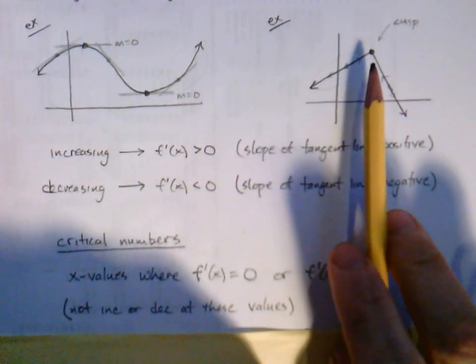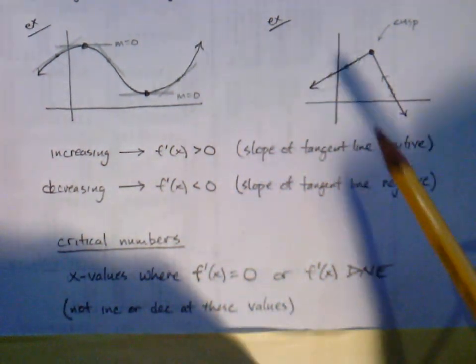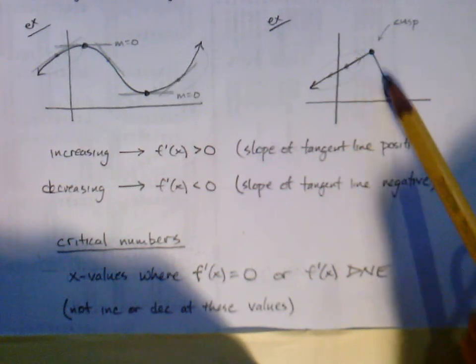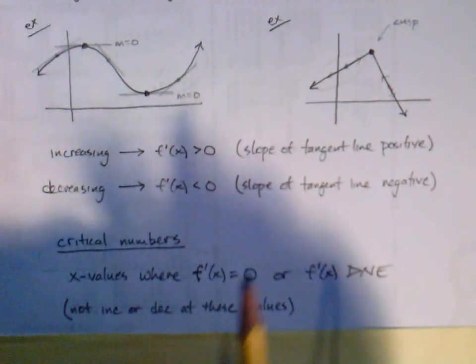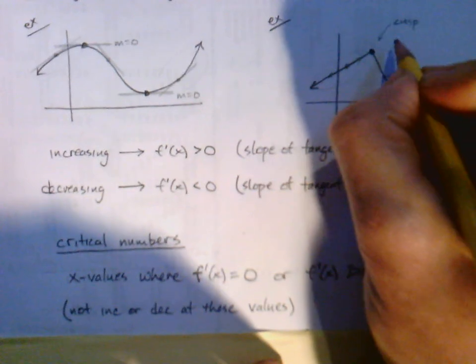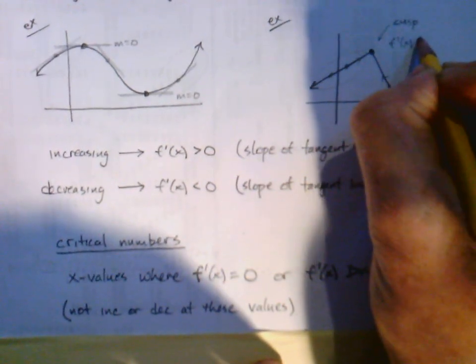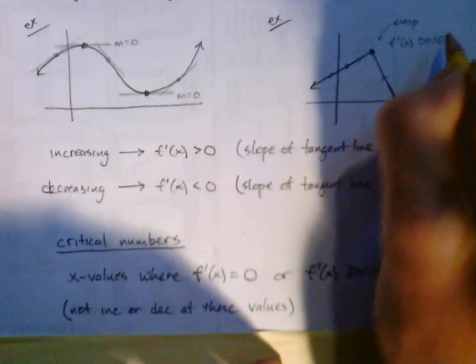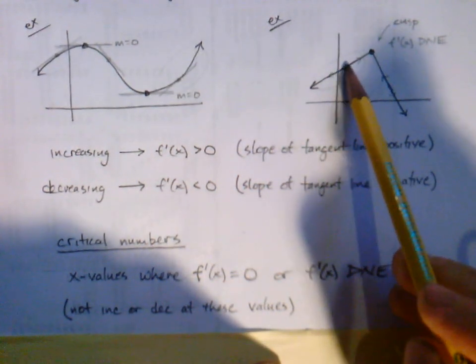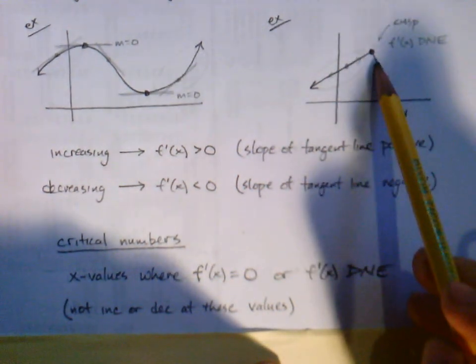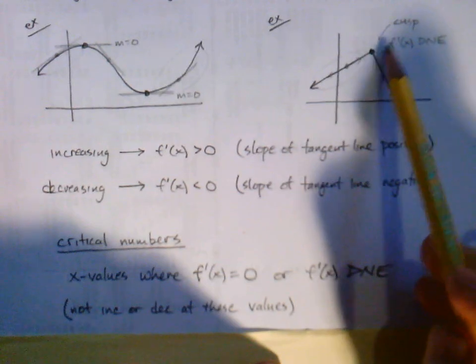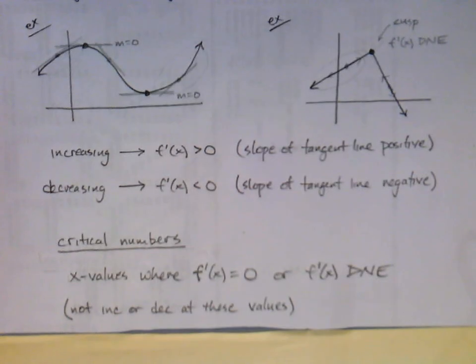What's going on back over here? Hey, at the cusp, that's like the transition, right? Do you remember what's true of the derivative at a cusp? The derivative does not exist because the tangent line from the left side does not match with the tangent line on the right side, and we know that those two things have to match up for the derivative to exist.